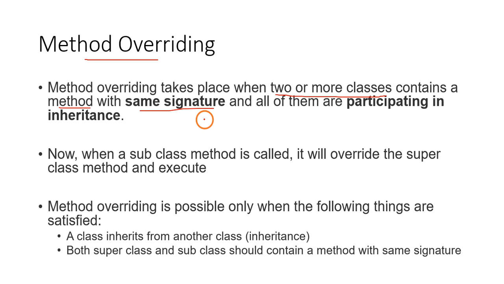So whenever you are using inheritance and creating the same method with the same signature in all those classes, that is called method overriding. Don't get confused. In the demo it will be clear when I show you the code.